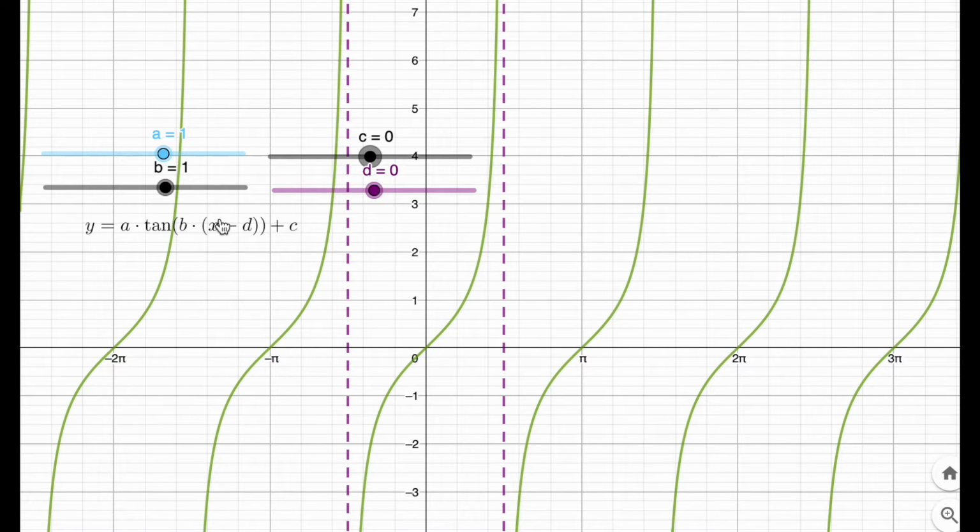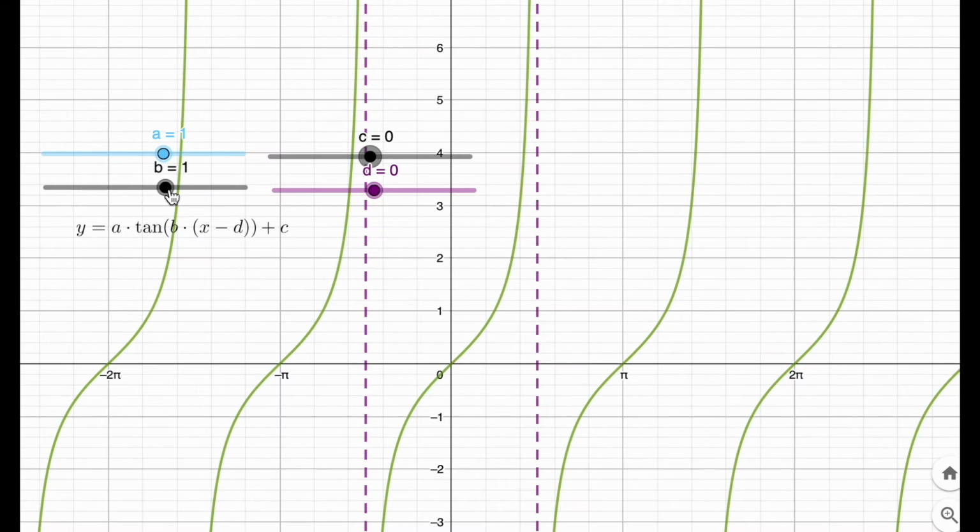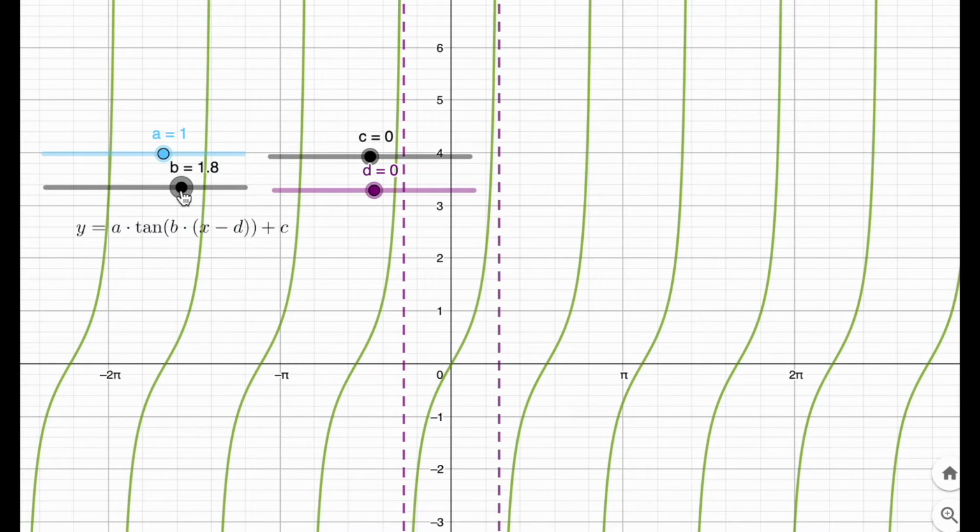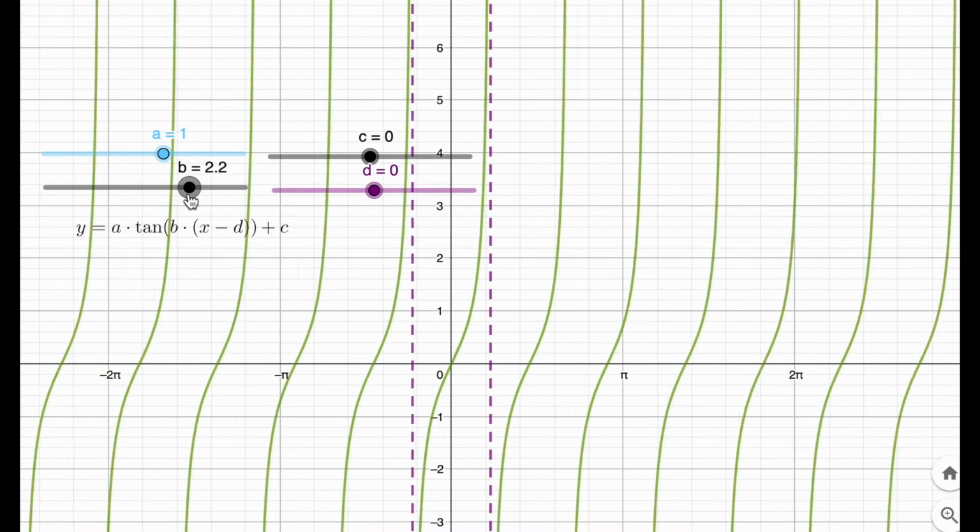Now on the inside, notice the asymptotes, the purple dotted lines, I just put 2 of them in. They never move with the a and the c, because those don't change the y values. They do change with the x values. So if I stretch and squeeze the thing, if I make it bigger, it makes more per period.